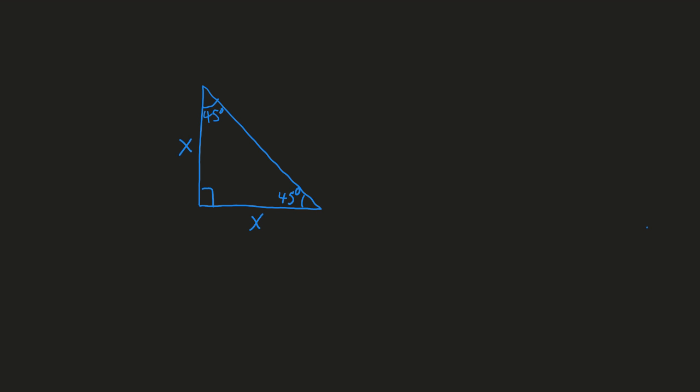Now, if I was going to do Pythagorean theorem, right, I wanted to find this side c, well, then it would be the square root of x squared plus x squared. And we could do it a little bit more so that we would have the square root of 2x squared in here. And we could pull out our x since the square root of a squared value is just itself. So we'll find that c is equal to x square root of 2.